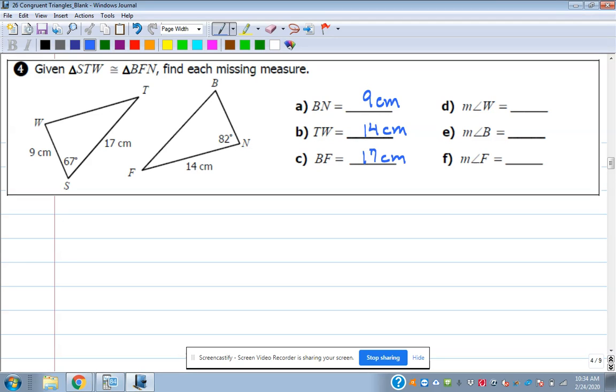Now getting the angles. 82 degrees for the top one, because W is congruent to N. And then angle B is congruent to angle S, and we know angle S is 67. How do we get angle F, though? Add those two together and subtract. Which would give us 31. Good job.